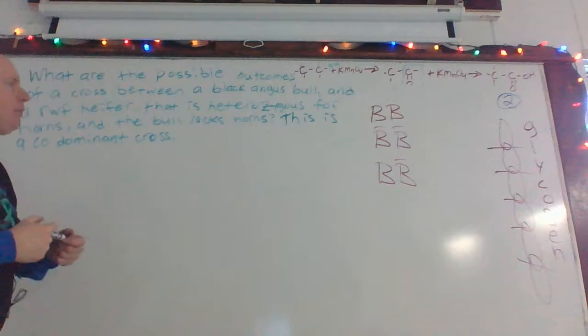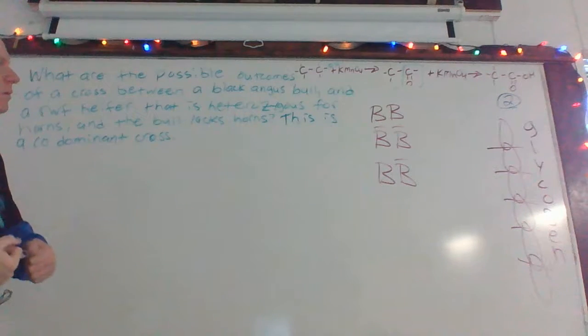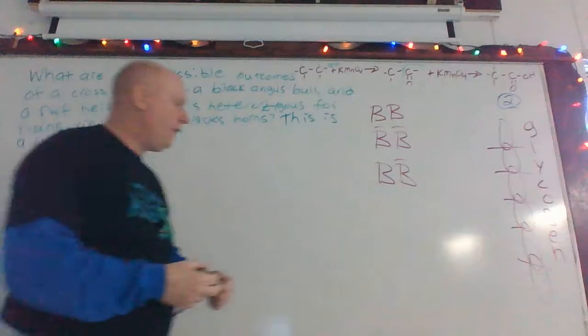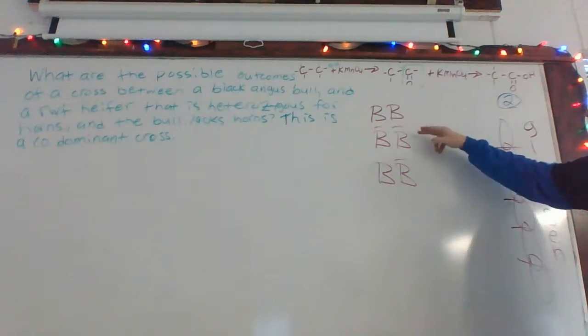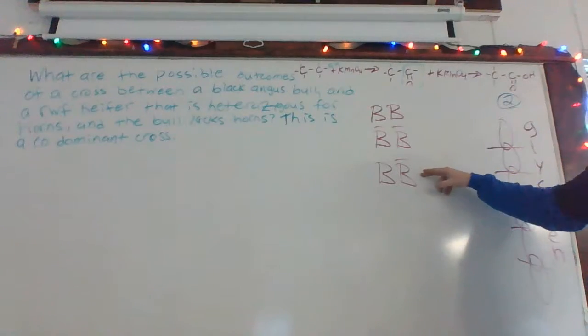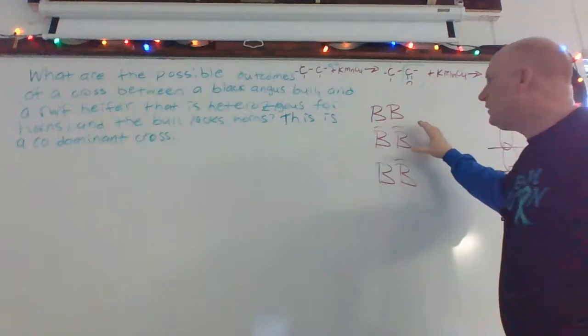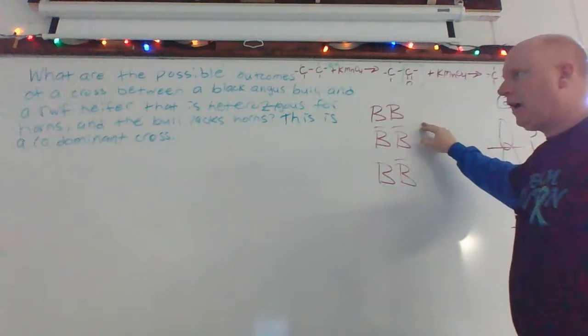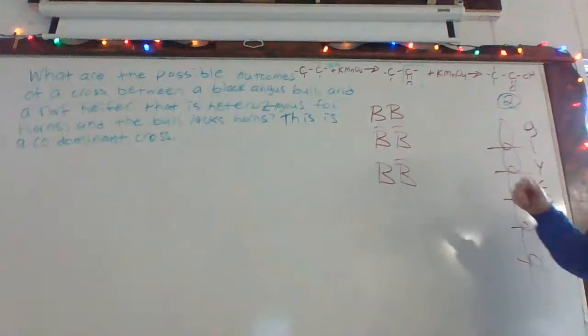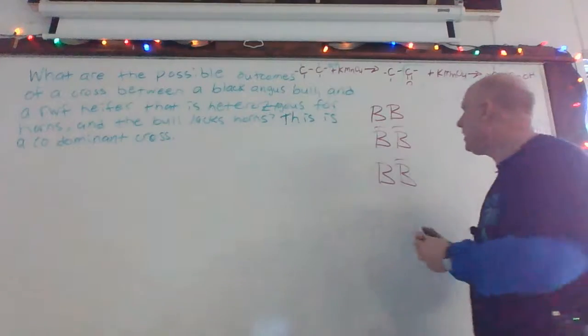What we see is very similar to the incomplete dominant cross. Here we have 3 different genotypes resulting in 3 different phenotypes. Notice they're all capital letters, and that's what we mean by codominance, because both are being expressed at the same time.